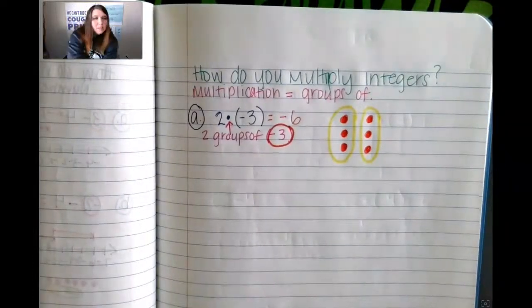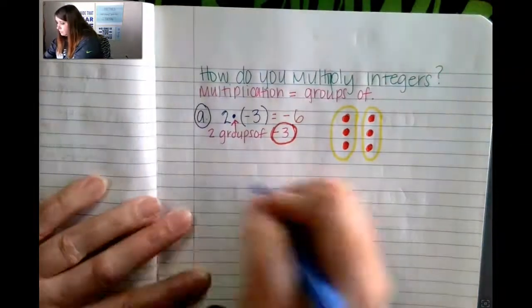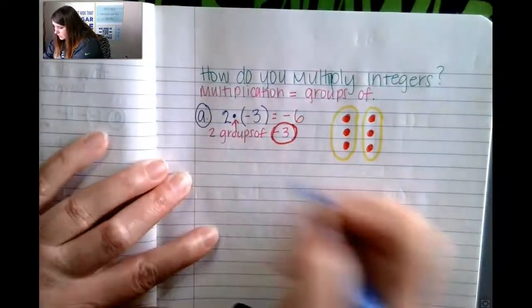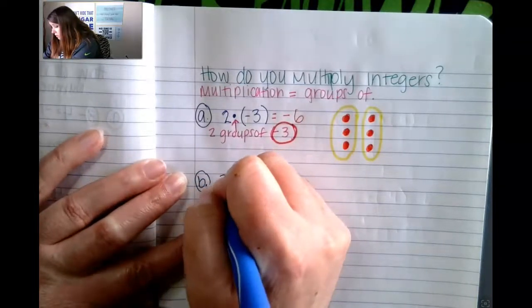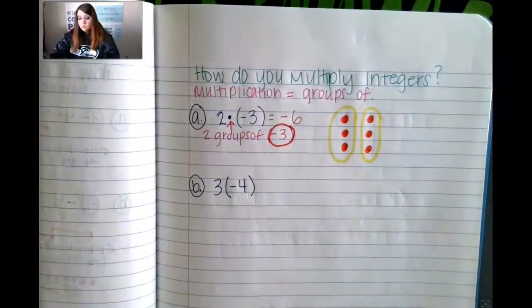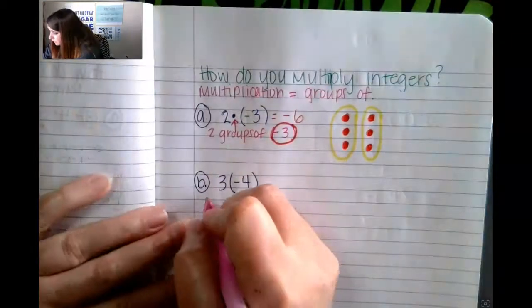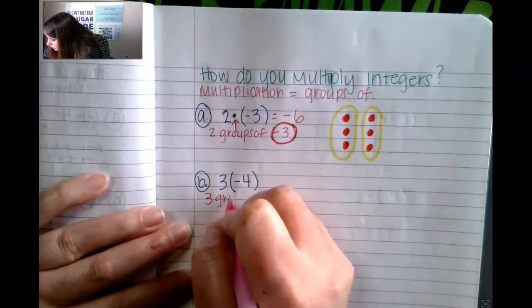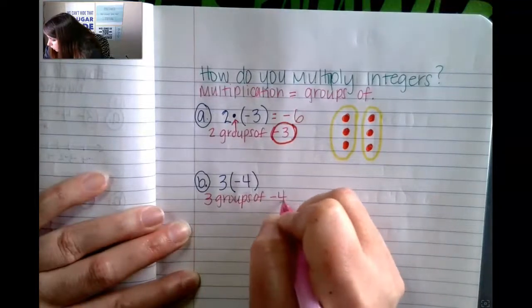Okay, in this next example, example B, we are going to say 3 times negative 4, or we're going to reread this as 3 groups of negative 4.